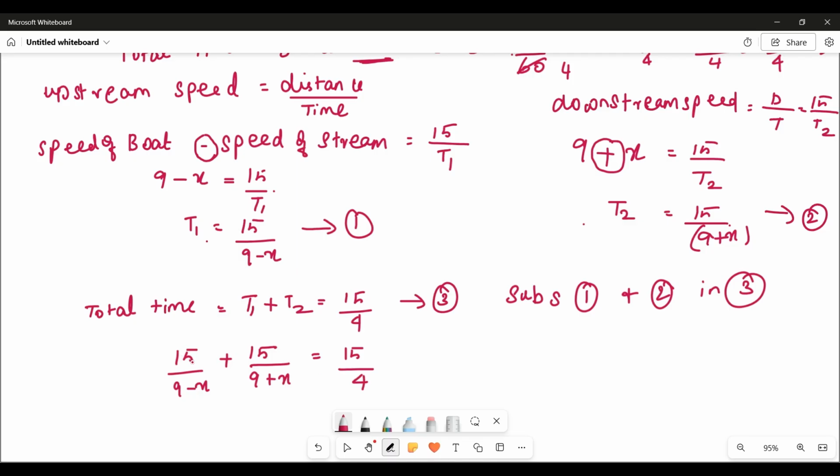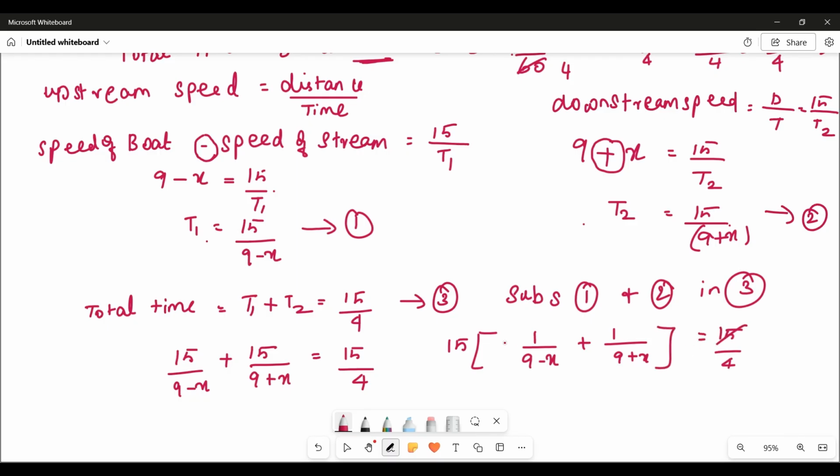Since we have a 15 on both sides of the equation, we can happily cancel this. Instead of multiplying bigger numbers, we can take out the common factor and cancel it out. Here the common factor is 15, so I write 15 of 1 by 9 minus x plus 1 by 9 plus x equal to 15 by 4.